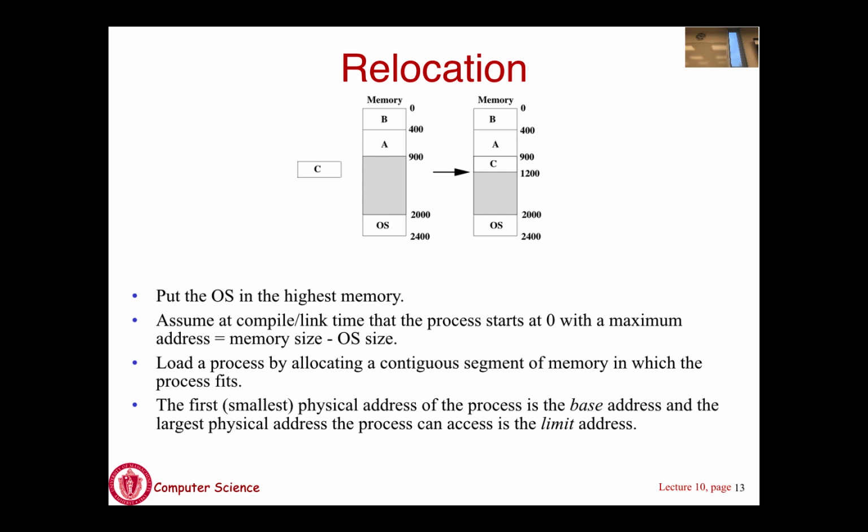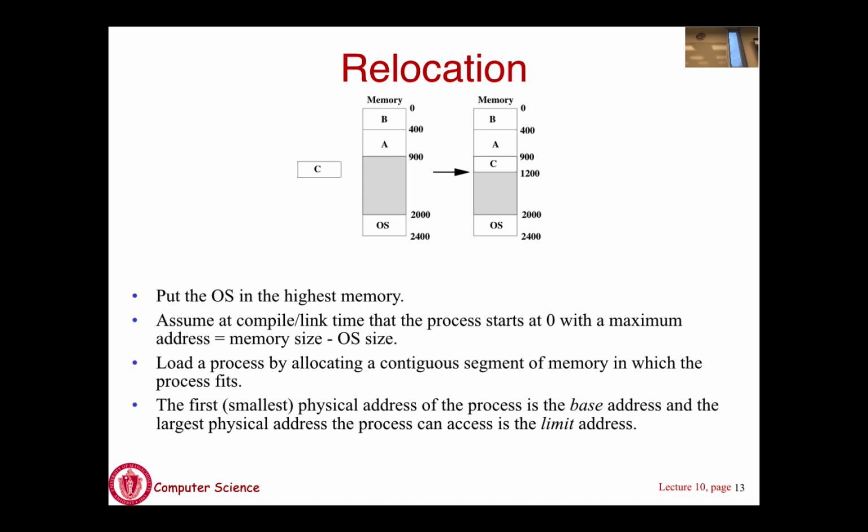In particular, let's take the example shown there, where a new process C is starting up and you decided to load it at address number 900. How are we going to take its virtual addresses and translate them to physical addresses?